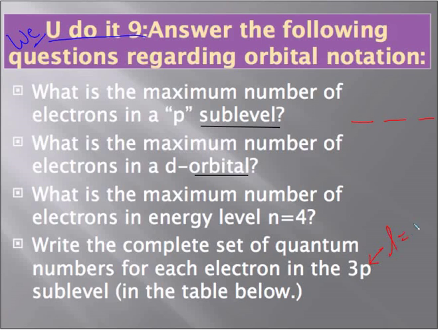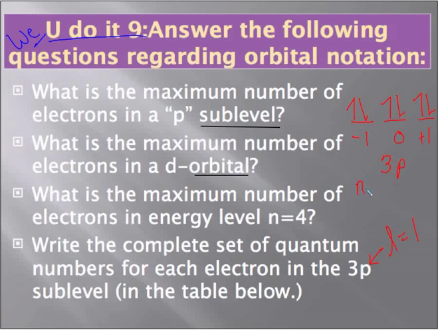Because if we have p, that means L is equal to 1. That means M sub L is -1, 0, +1. Now, we can put 2 electrons in each, and it asked us to do the complete set. So we have to assign this for all 6 of those electrons, right? So that's the task.